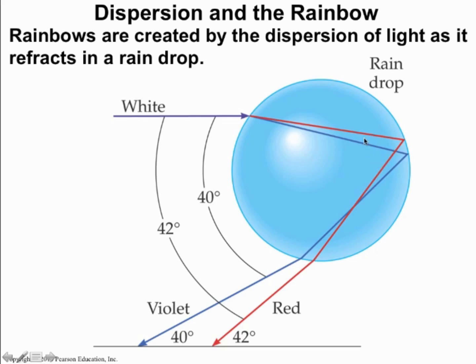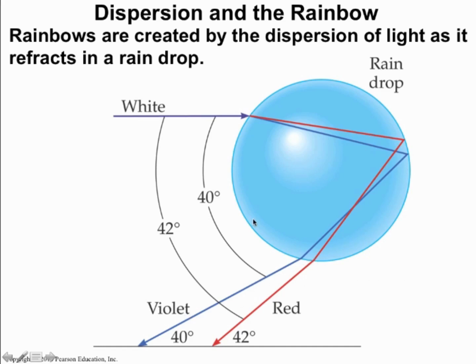Well, because it surpassed the critical angle, and because it surpassed the critical angle, most of the light doesn't get out here; it just stays in. It stays in, and so this will bounce in here, and then it will exit the water droplet with the colors spread out.